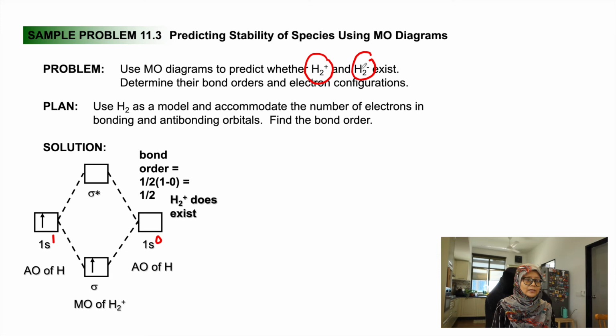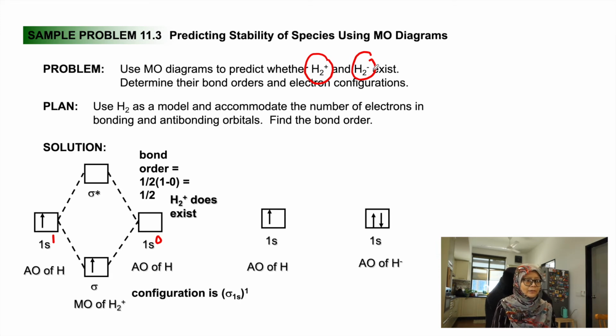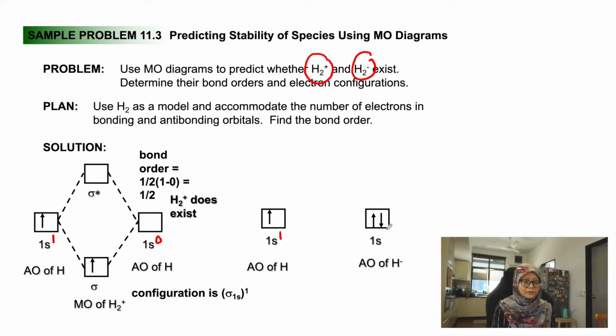What about H2 minus? We have an extra electron in this molecule. So this is 1s1 and an extra one here is 1s2.